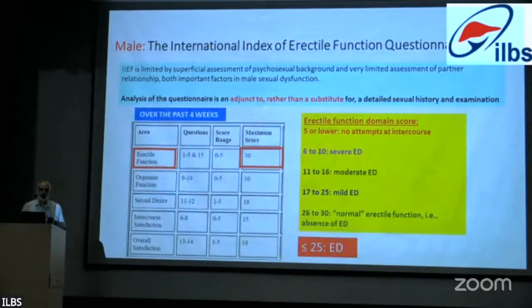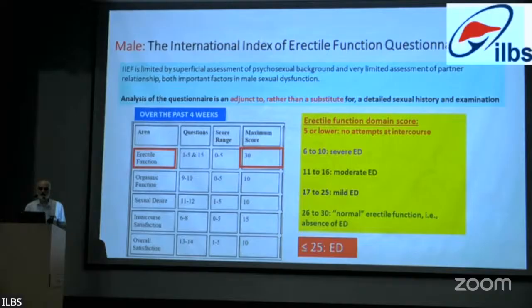For males, the first is the International Index of Erectile Function questionnaire. This covers the past 4 weeks. These are the areas that need to be assessed: erectile function, orgasmic function, sexual desire, intercourse satisfaction, and overall satisfaction.